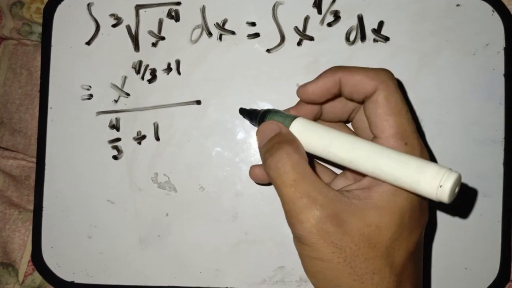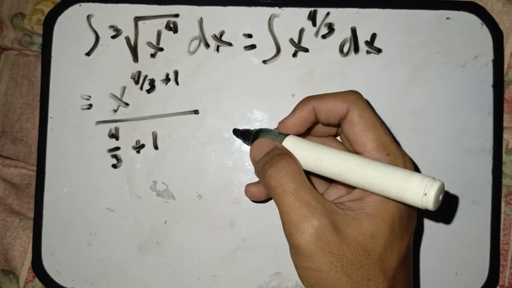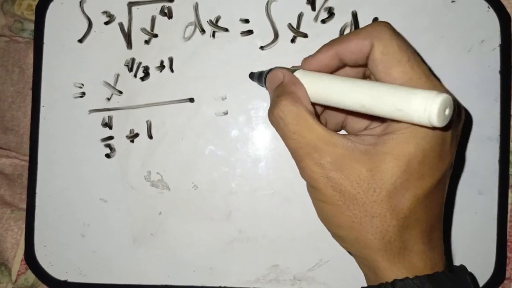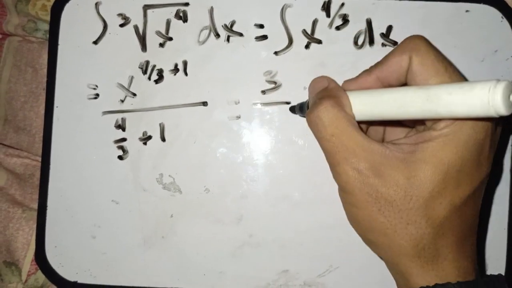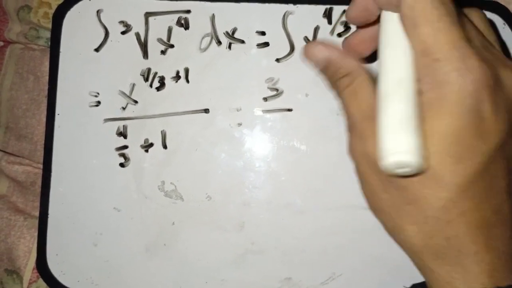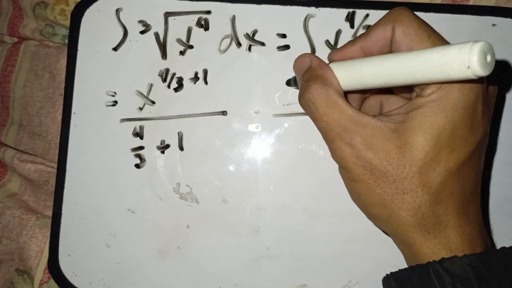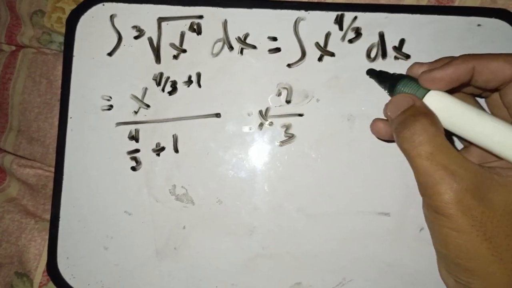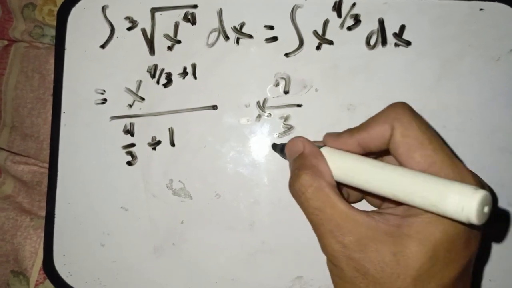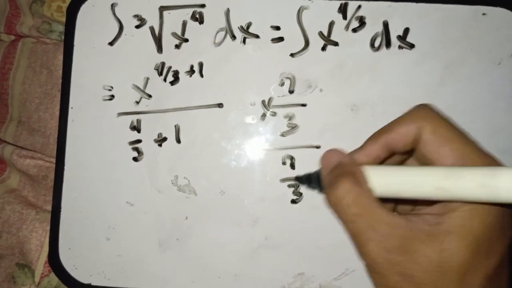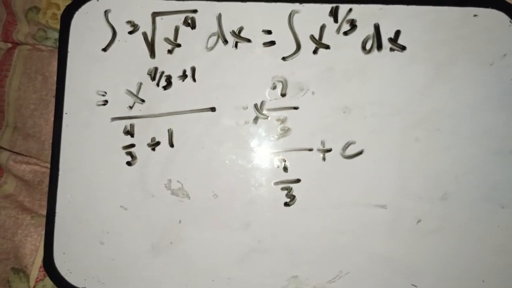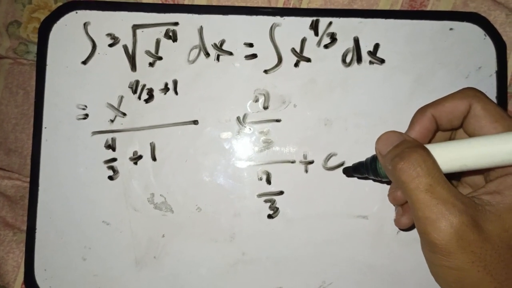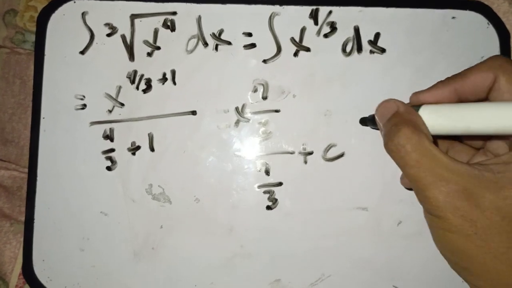So 3 over 3 plus 4 thirds is equal to 7 over 3. x raised to 7 over 3, over 7 over 3, plus c. Now, dividing by 7 over 3 is basically multiplying by 3 over 7.